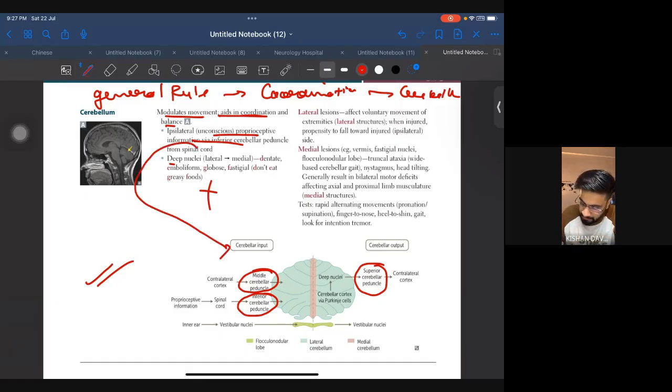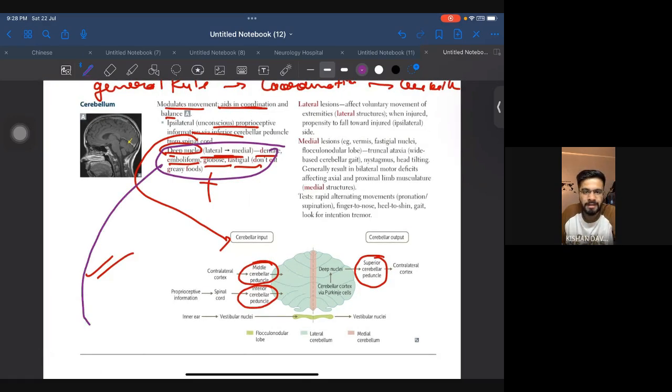Another important point: deep nuclei, lateral to medial, are dentate, emboliform, globose, fastigial. Now see, they won't ask you the order here. What they will do is give you an MRI of the cerebellum. They won't even give you the skull wall; they will directly open up the cerebellum and give it to you.